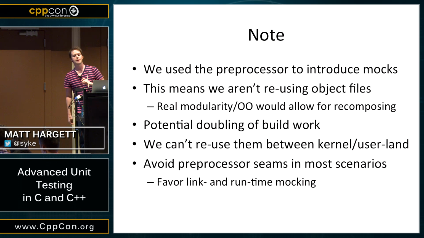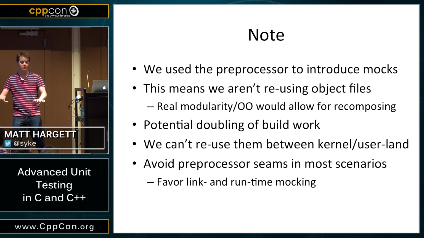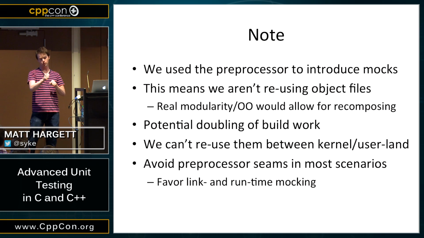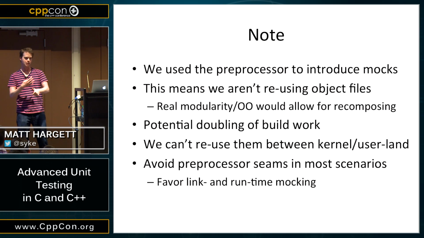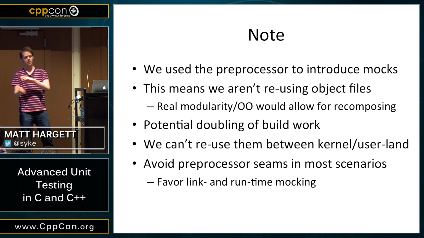But also, preprocessor mocks are often used when you're hacking around some terrible design problem. In a legacy system, where we don't have any tests and we don't want to make any design changes to introduce link time seams or runtime seams, you can fall back on preprocessor seams as a way to get some tests in place so that you can refactor to get better, more modular seams in place.